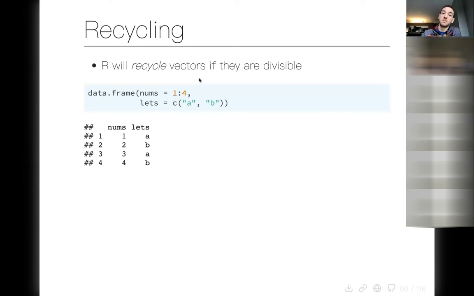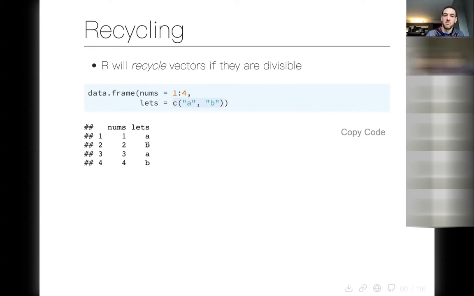So R will recycle vectors if they are divisible. Okay, so here I just have the numbers 1 through 4, and then I have a vector of letters A and B. So the letters are of length 2, and the numbers are of length 4, so it can recycle into it. The smaller one just gets repeated for the next one.